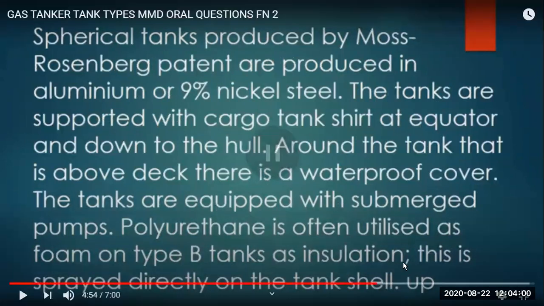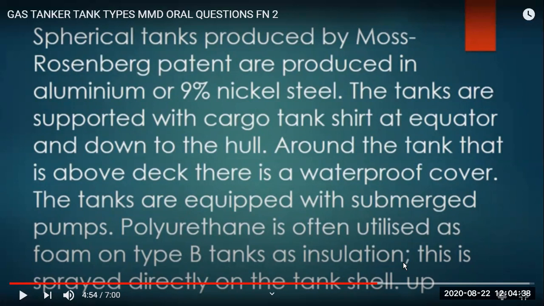Then there is a special design for type B tanks, a spherical shape made by Moss Rosenberg, and it is called Moss tanks. It's produced in aluminum or 9% nickel steel. Tanks are supported at the equator and down to the hull. So you have a skirt at the bottom connected to the hull, and around the tank there is a waterproof cover on the top so that the membrane tank is not damaged.